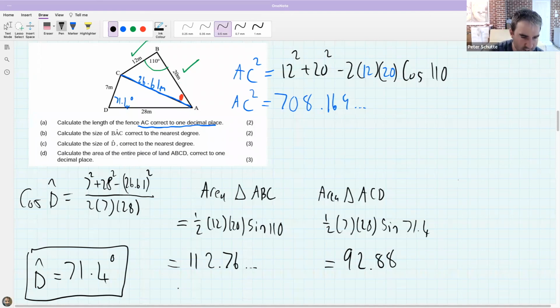Okay, and you should be getting 205, and I'm going to round it off to one decimal place. So 205.6, and that is going to be meters squared.